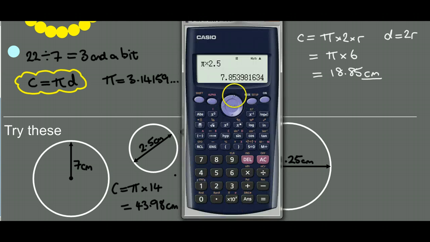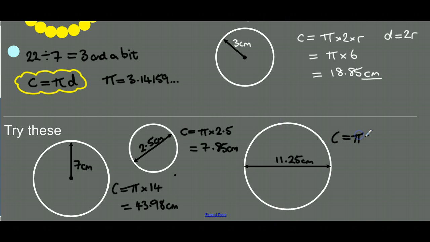And finally, if we do pi times the diameter of the third circle, it gives us 35.34. And that's how you calculate the circumference.